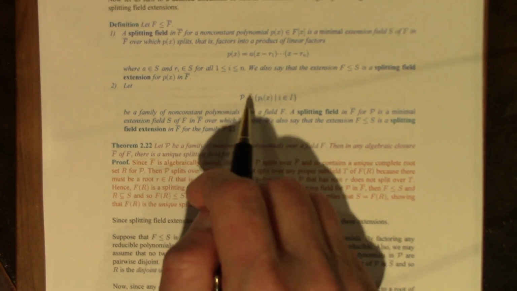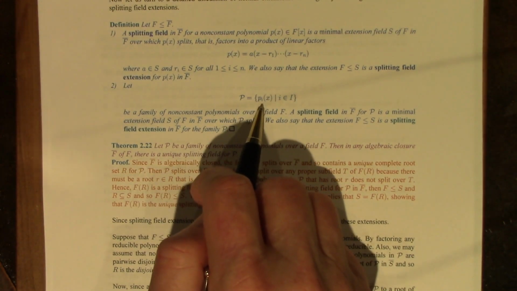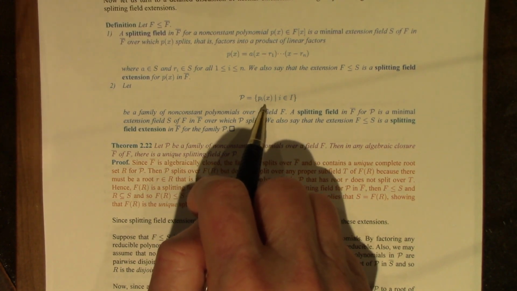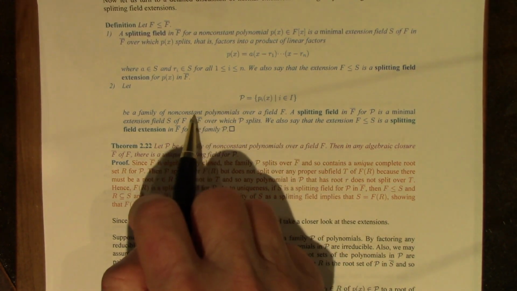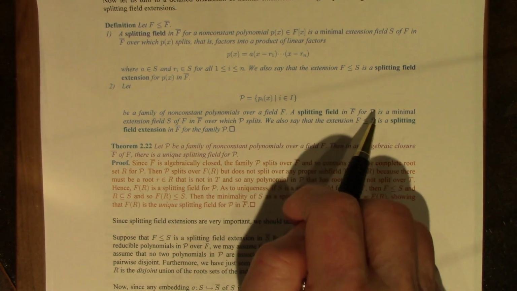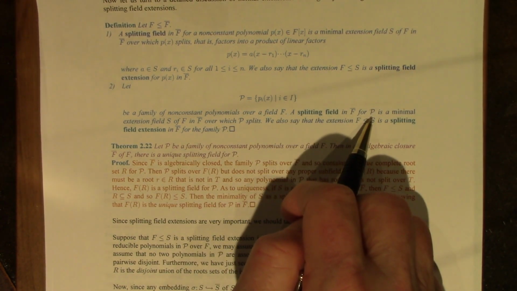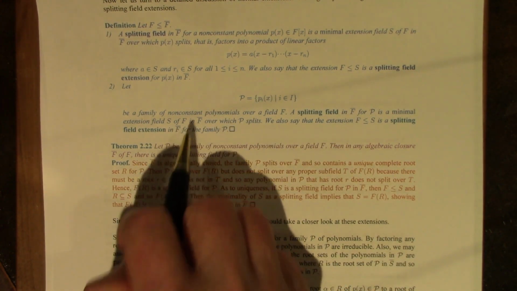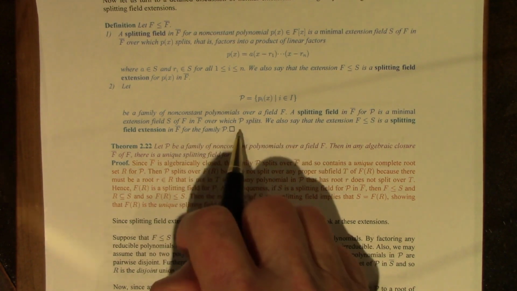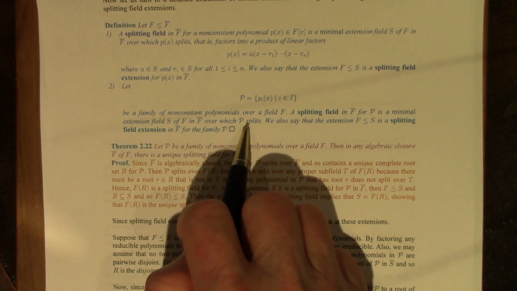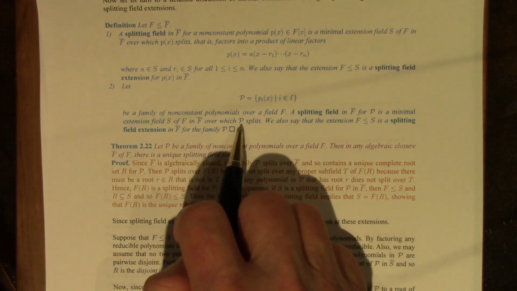More generally, let script P be a family of non-constant polynomials over F. A splitting field in F bar for P is a minimal extension field S of F in F bar over which P splits. So to say the family splits, as I mentioned before, is to say that every polynomial in the family splits.